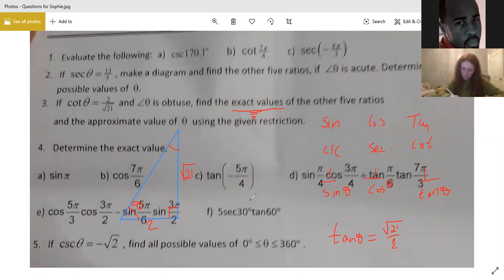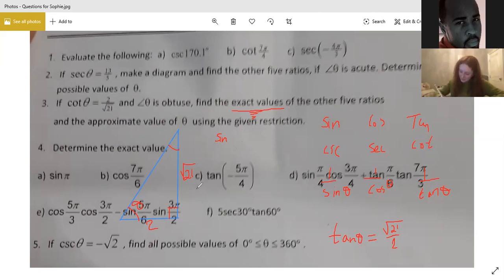So you need all those ratios too. So let's talk about sine. Let's do sine now. What's sine? Opposite over hypotenuse. Do you know the hypotenuse? No. Okay, so how are we going to get the hypotenuse? Pythagorean theorem or trig ratios?